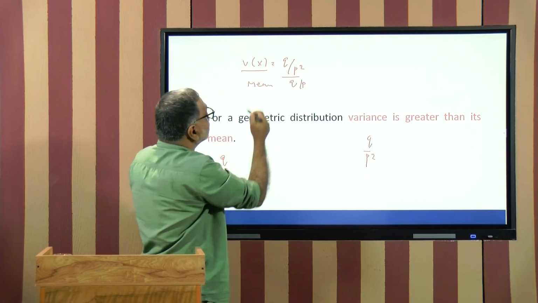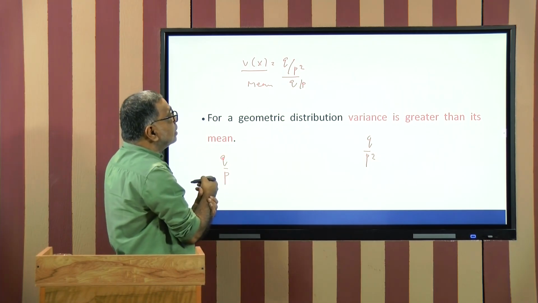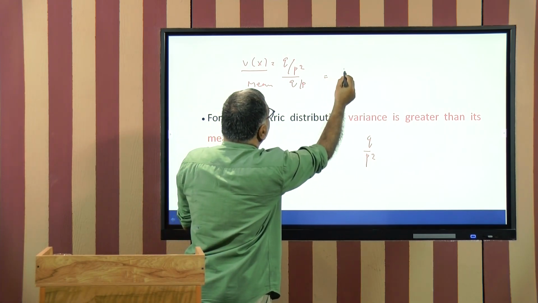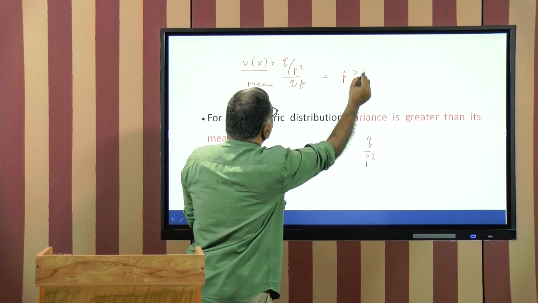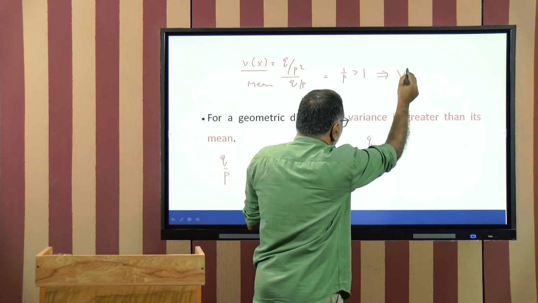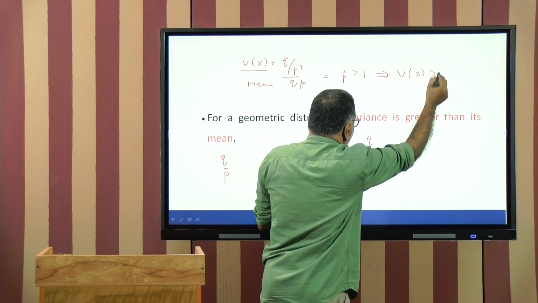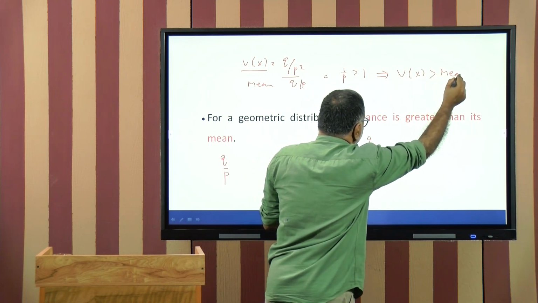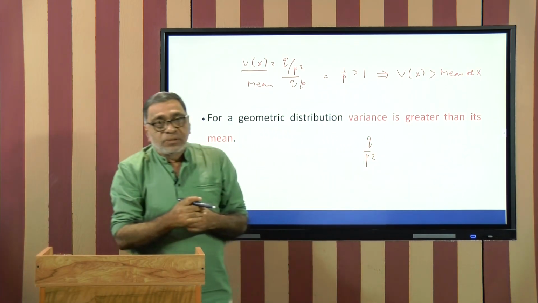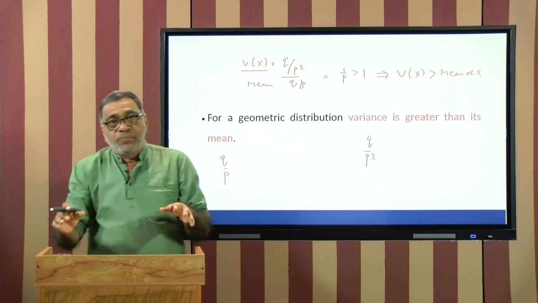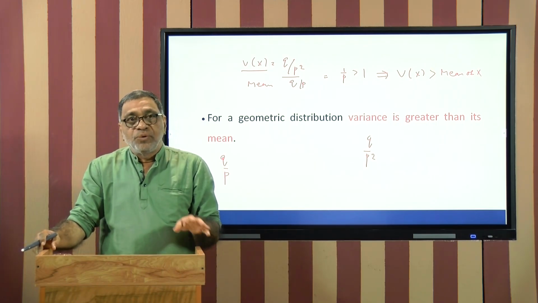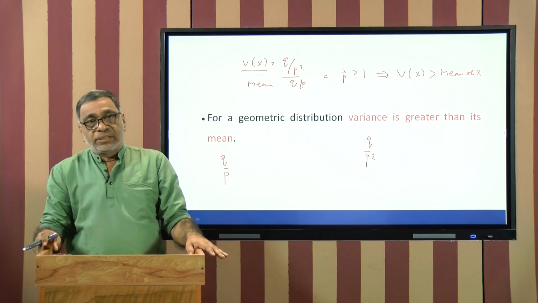Suppose we consider variance divided by mean: q divided by p squared divided by q divided by p, that is equal to 1 by p, that is greater than 1. And so, the variance of x is greater than the mean, the expectation of x. So, this is a very important characterization of this geometric distribution: variance is greater than its mean.